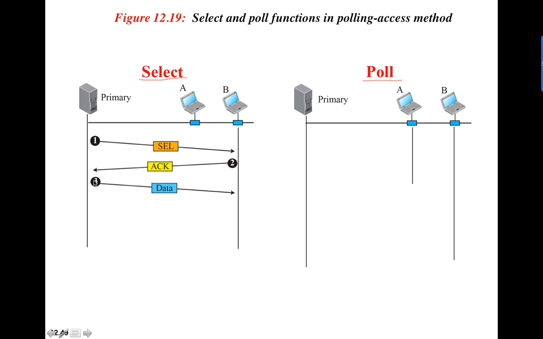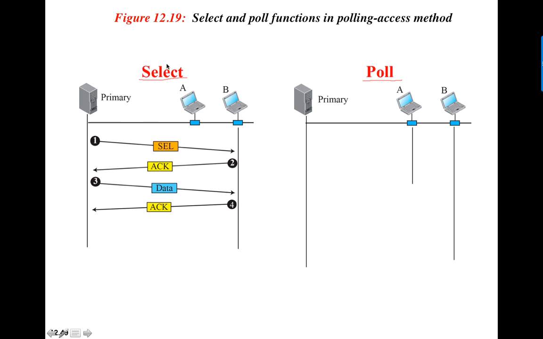And then the primary will send the data, whatever it wants to send, to B. And then after B receives all the data successfully, B will send an acknowledgement saying, yes, I have received everything successfully. Okay, so this is the select mechanism.